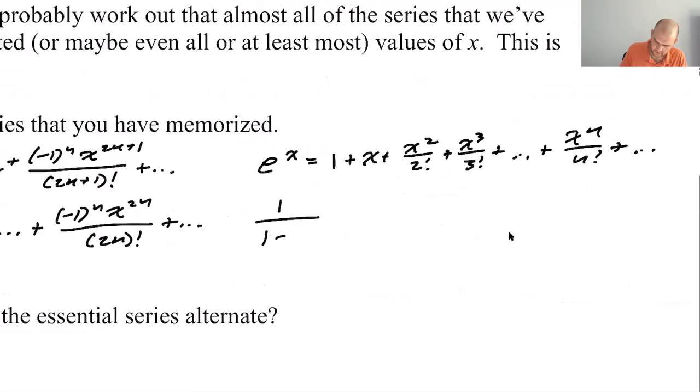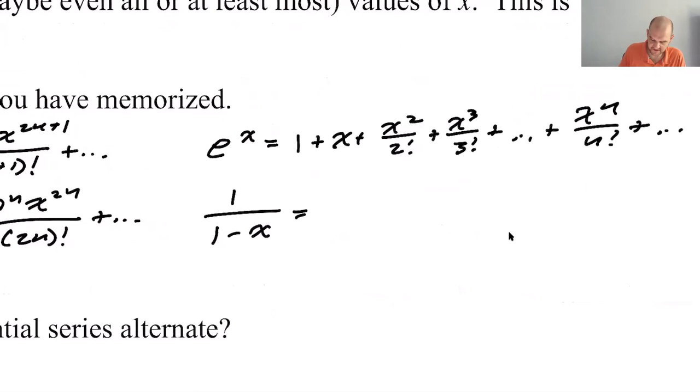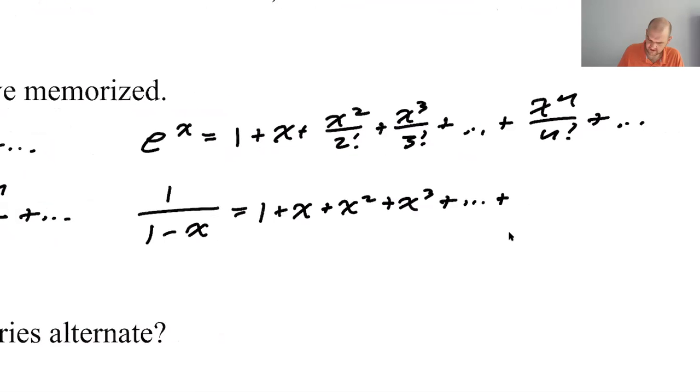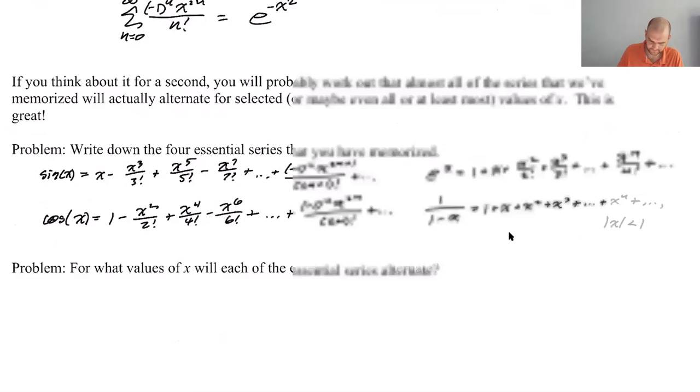And then 1 over 1 minus x, the geometric series, is a really important series. It's the weirdest of the non-series versions, I think, but in terms of series, look at that: 1 plus x plus x squared plus dot dot dot plus x to the n plus dot dot dot. This one, however, only works for the absolute value of x less than 1.